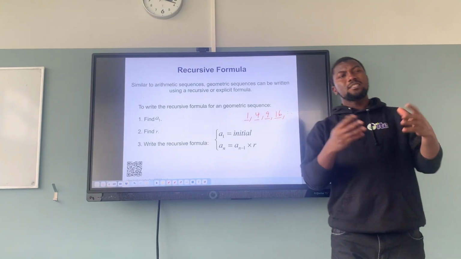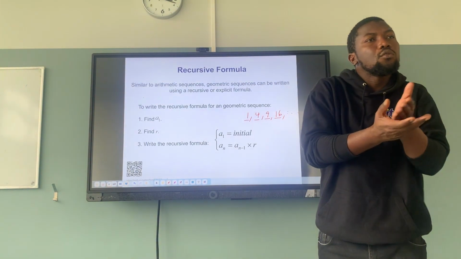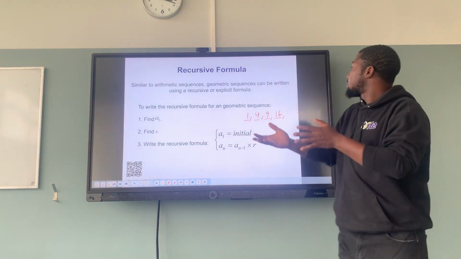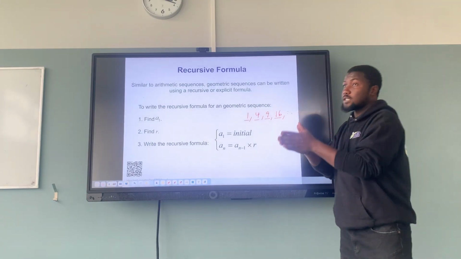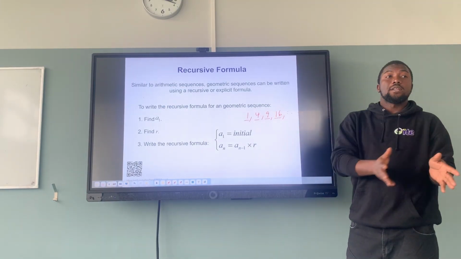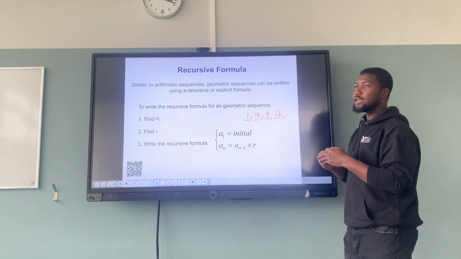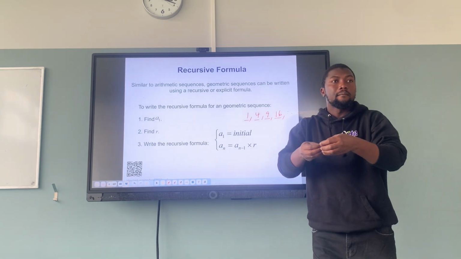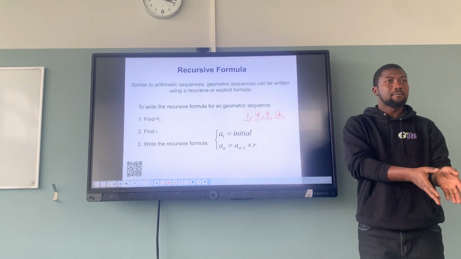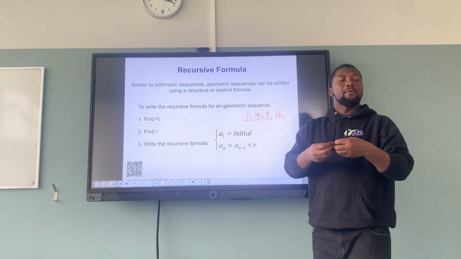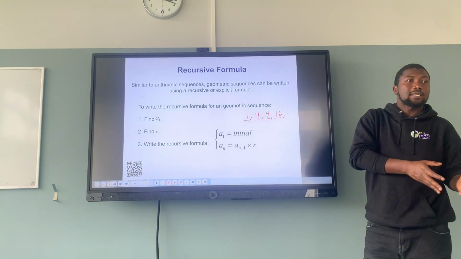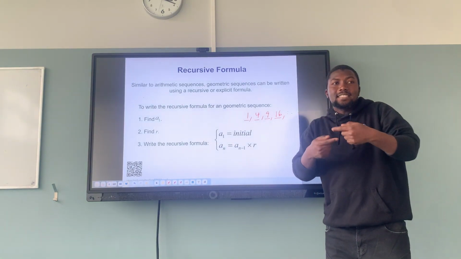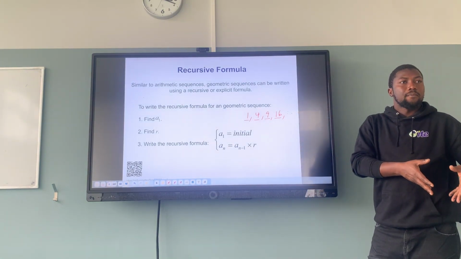It's giving you this whole process with respect to a and r, because the first term is a and r is the common ratio. If you multiply the first term by the common ratio, it will give you the second term. If you multiply the second term by the common ratio, it will give you the third term.